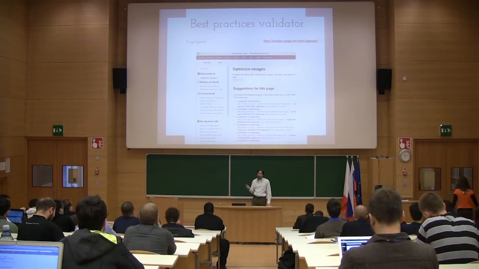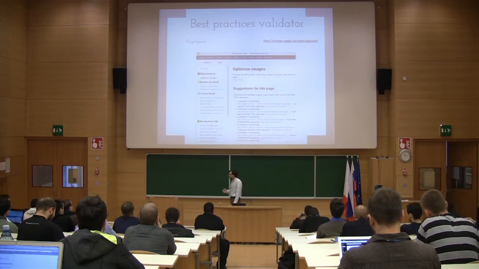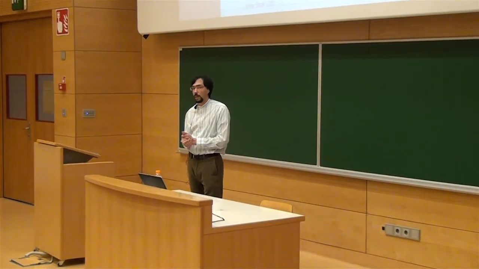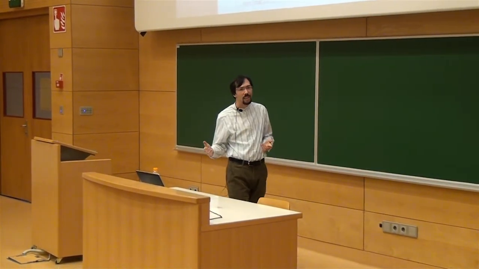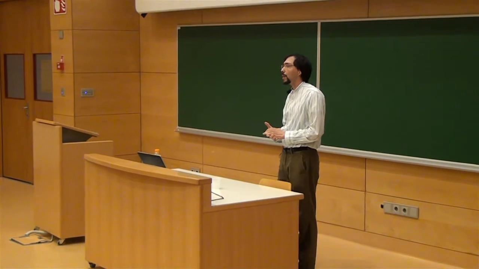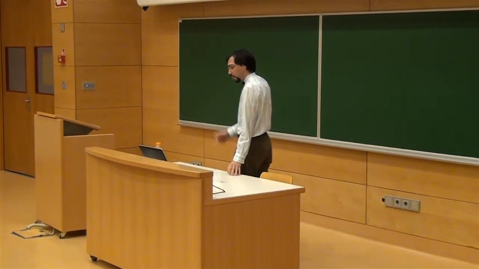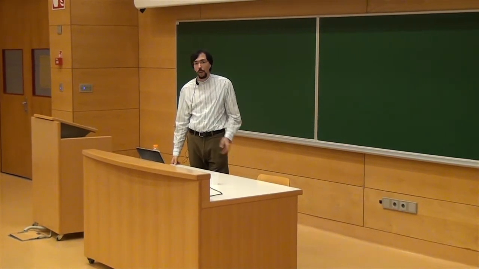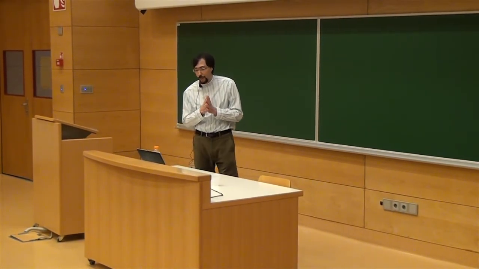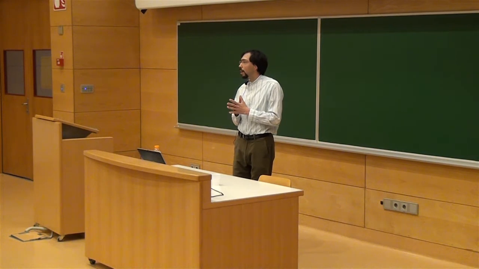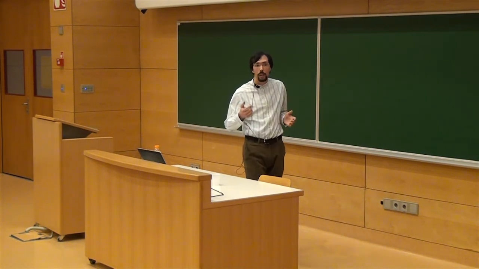In my experience, not all the rules are meaningful in every case, and sometimes the problem it identifies is really small, and it doesn't make sense to take too much time on fixing those, but sometimes it's really cool. For example, one thing I have learned from PageSpeed is to optimize images.